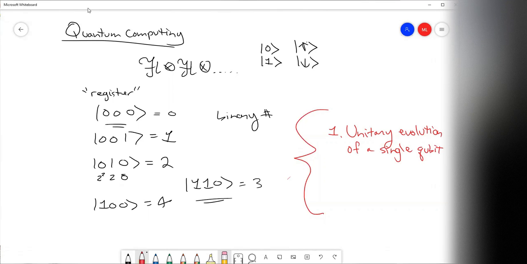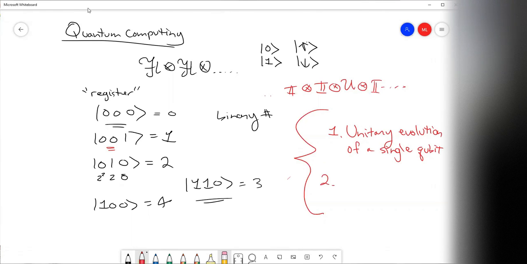You take some unitary, and everything else is the identity for the rest of the register. So you just apply some unitary operation to one of these qubits. That's one thing you can do.